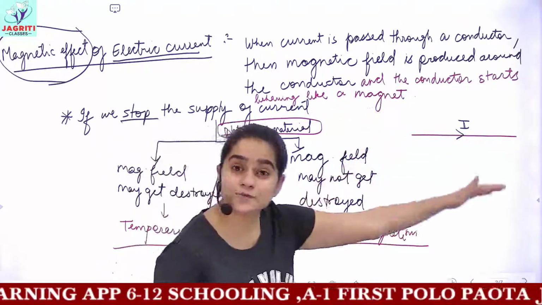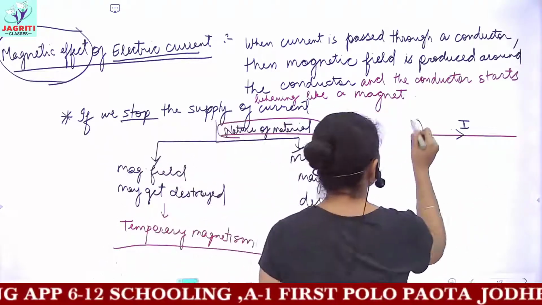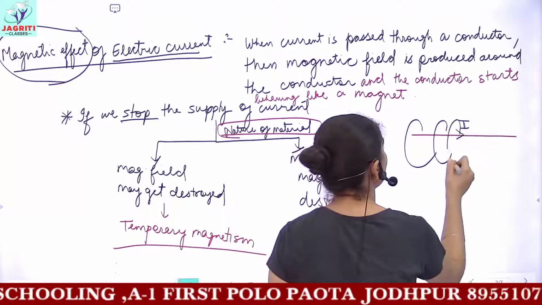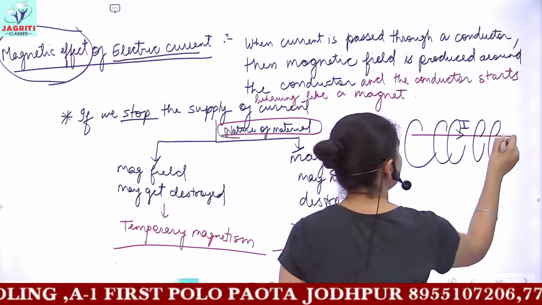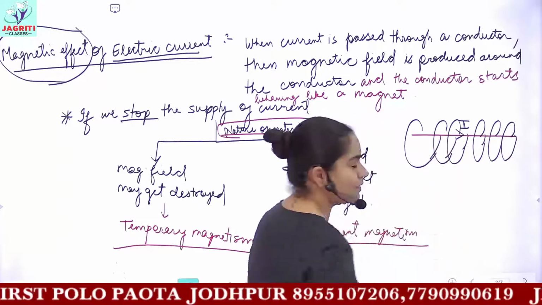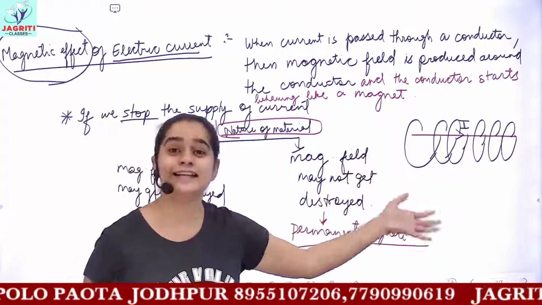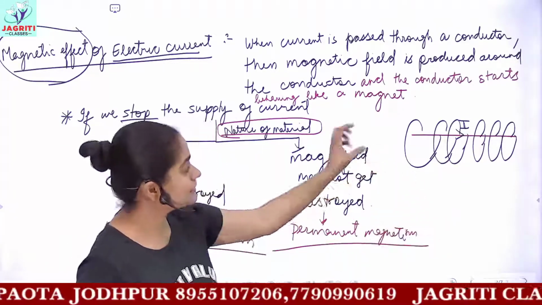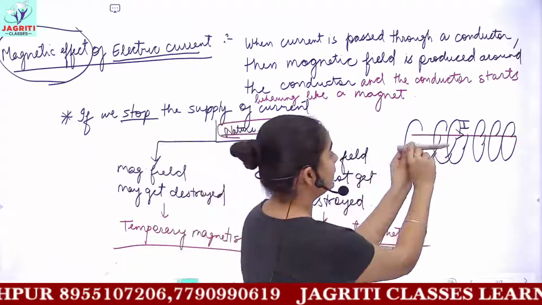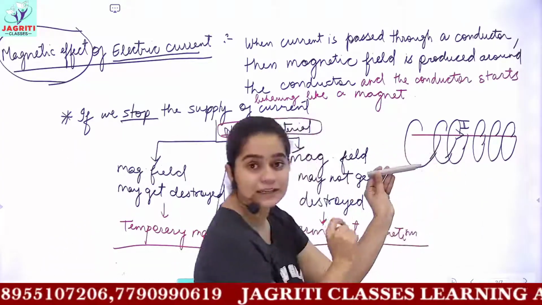When the current is flowing through the conductor, a magnetic field is being generated around this conductor. Why am I drawing the magnetic field in the form of concentric circles? We'll be discussing it later in this chapter itself. So this is a kind of magnetic field. Let's suppose this is the conductor and a current is flowing through it.